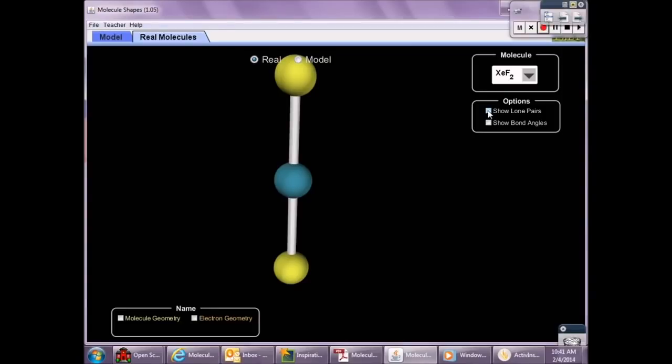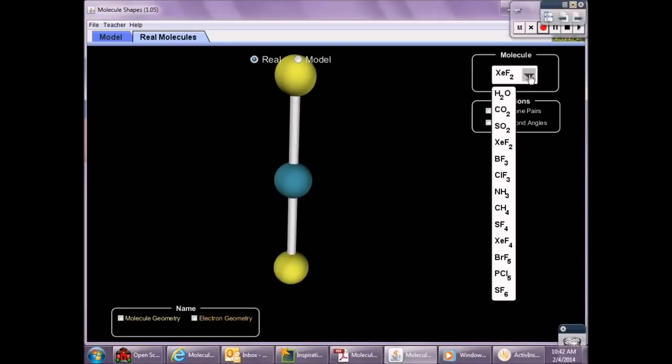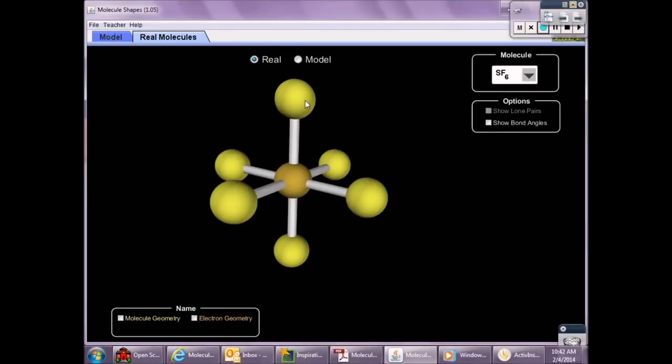Let's go. 3 more to go, guys, and we are done. Let me go with this one. What is the general formula for this one? It is AB6. You need to know geometry to answer that question. How do you call a figure that has 8 faces? Octahedral.